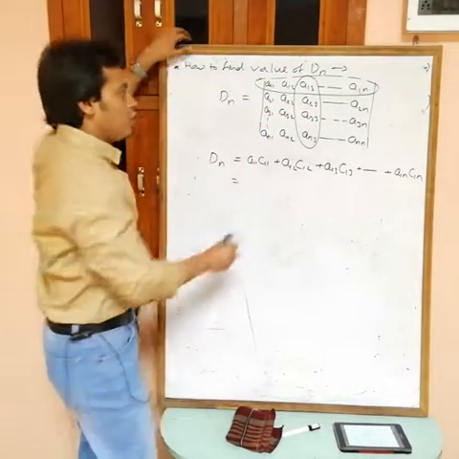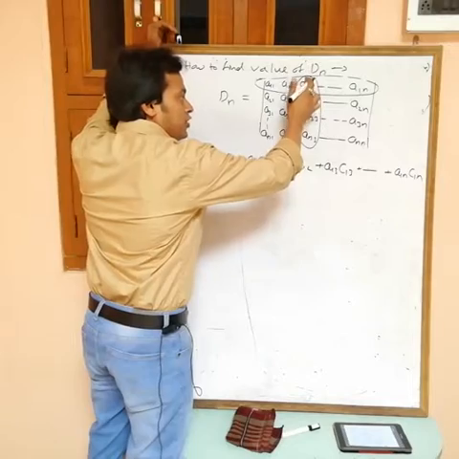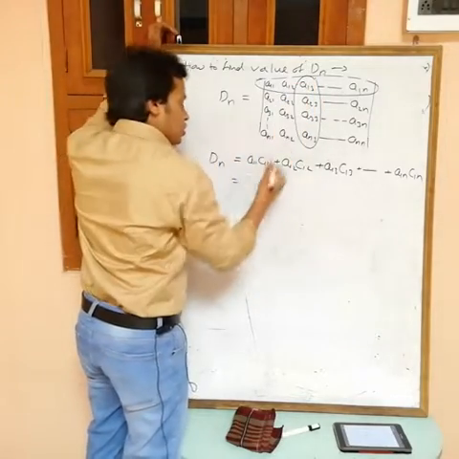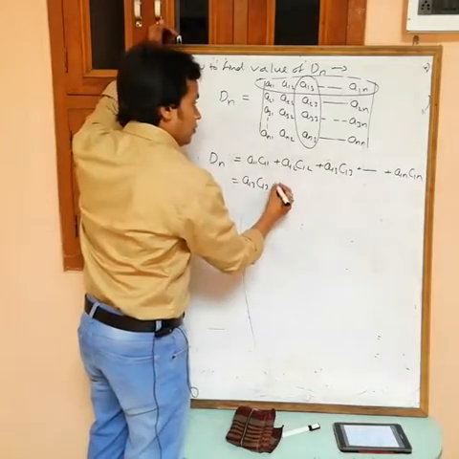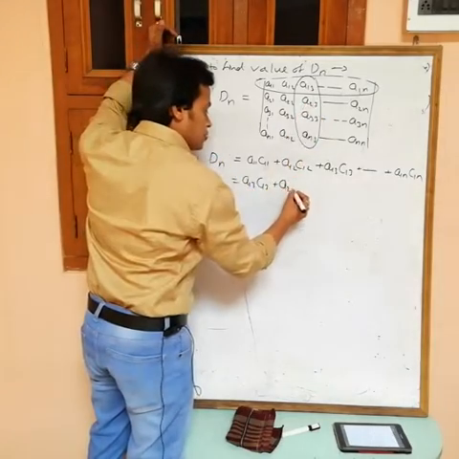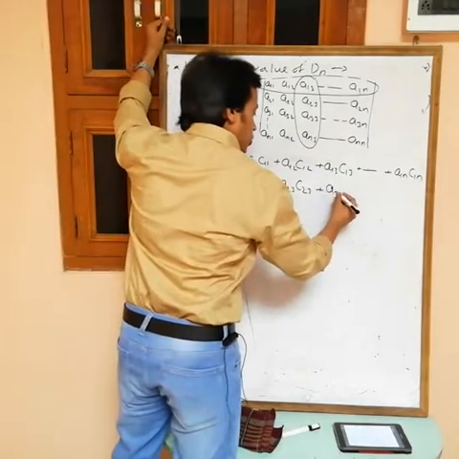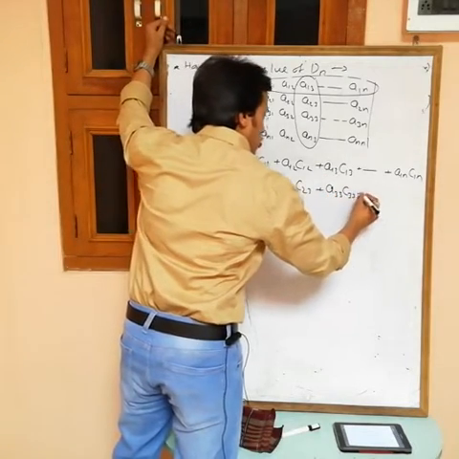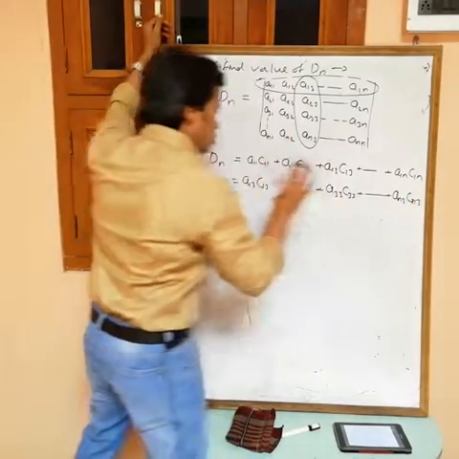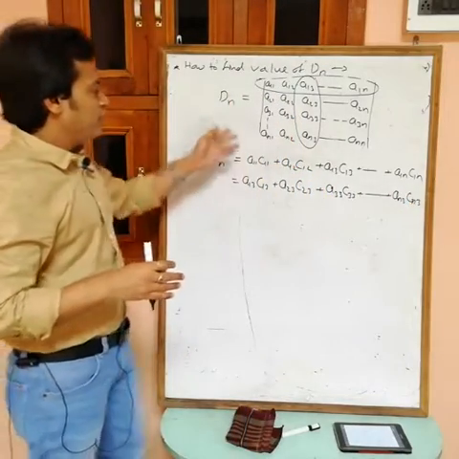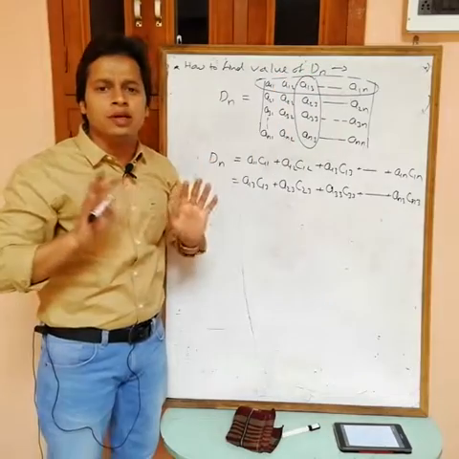Find the sum of the product of these elements with the corresponding cofactor: A13 with C13 plus A23 with C23, A33 with C33, at the end An3 into Cn3. Simple. You will get the same answer using the first row or the third column.